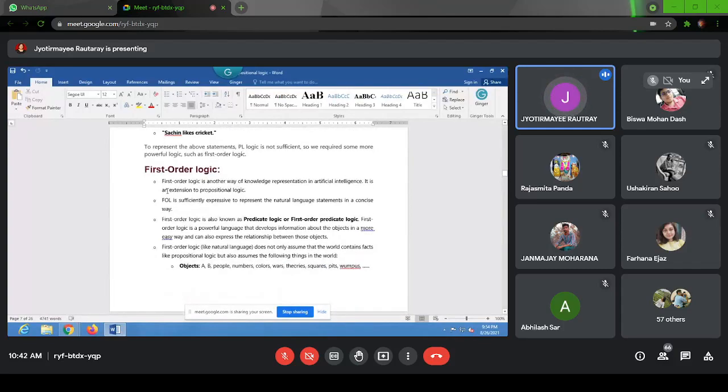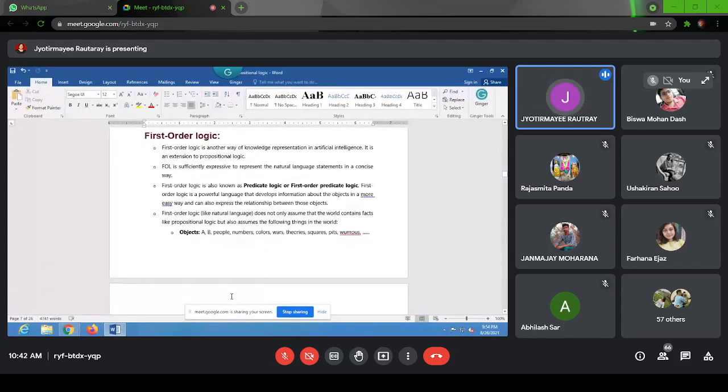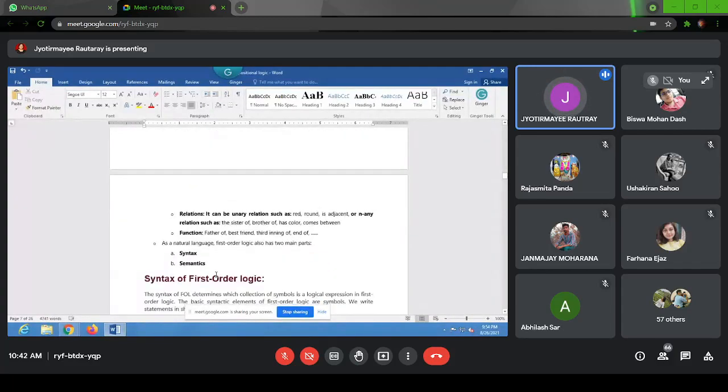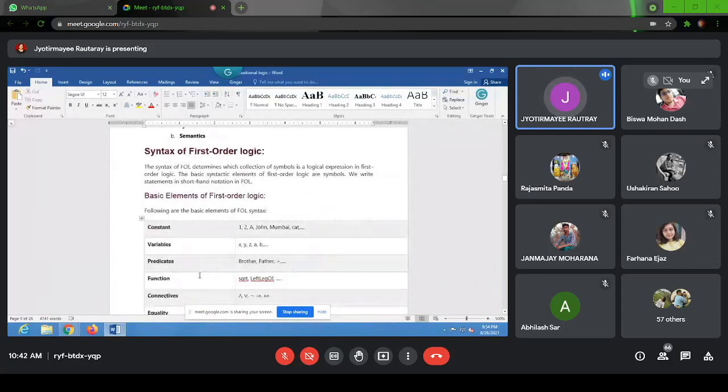There we have to identify the objects and the relation between the objects. Constants will be there, variables will be there. Predicate means the relationship between two objects, like brother relation, father relation, less than, greater than.